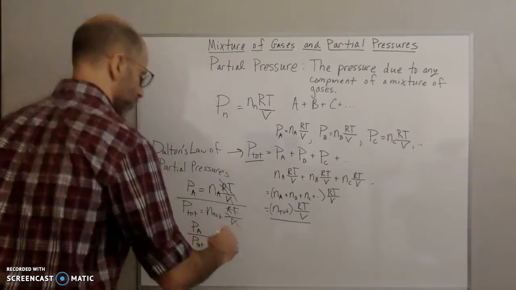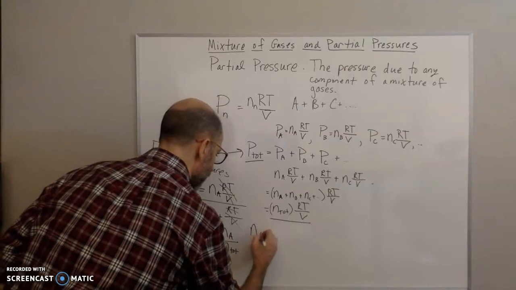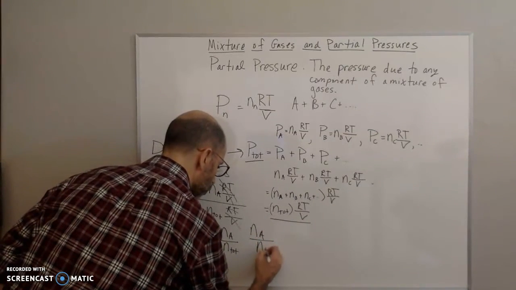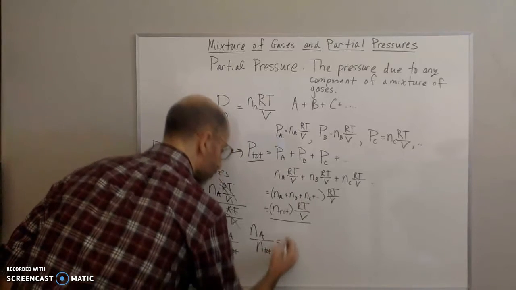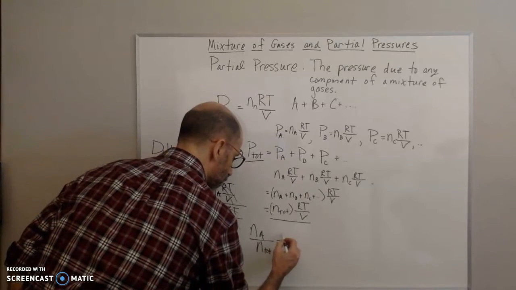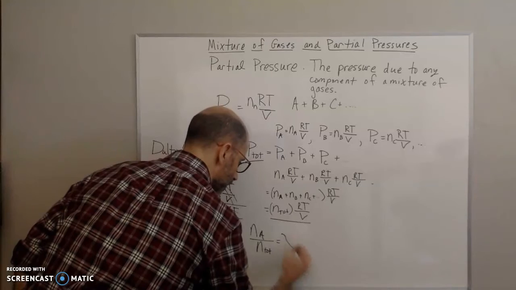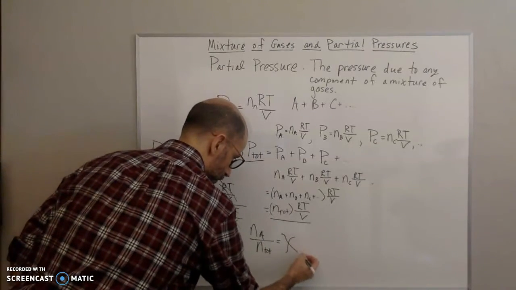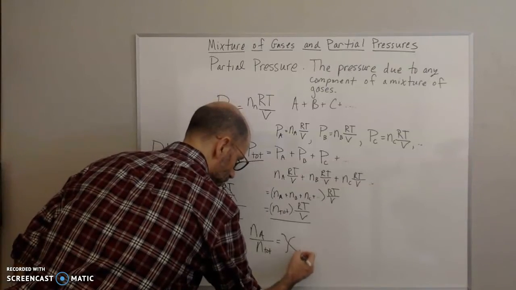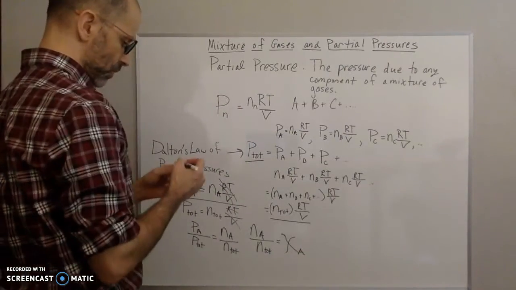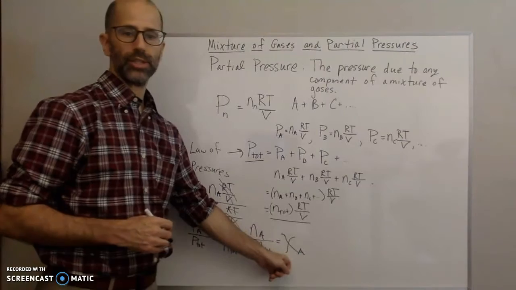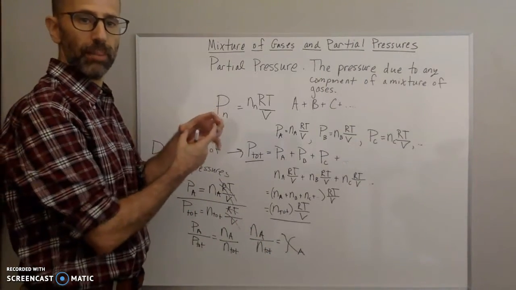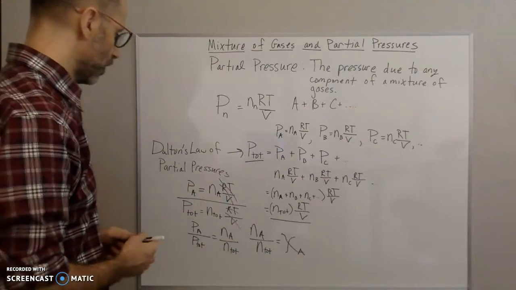So N, the moles of A divided by the total moles, that's going to be called the mole fraction, and we represent that by the Greek symbol chi, which looks like a funny X, and that's going to be chi A. So this is the mole fraction of A. So how many moles of A per total moles.